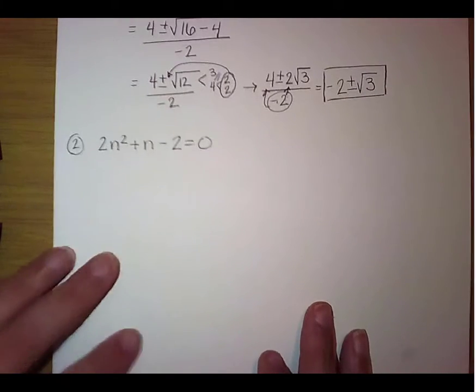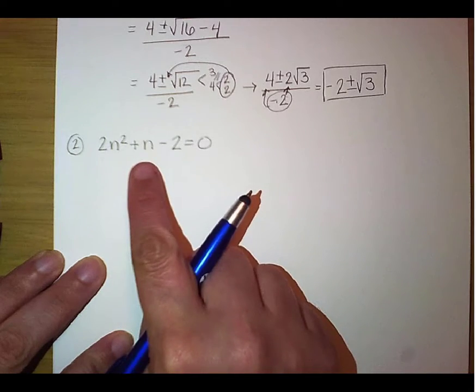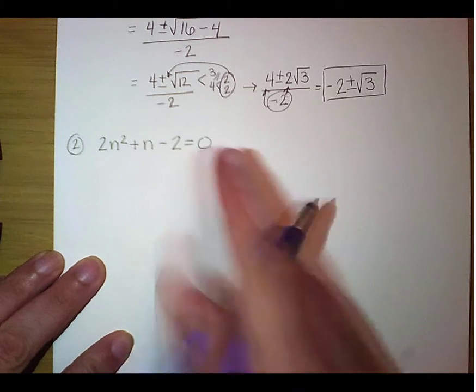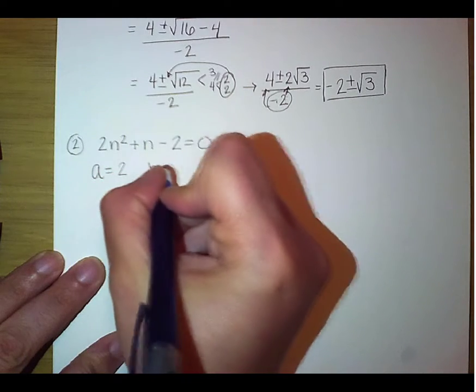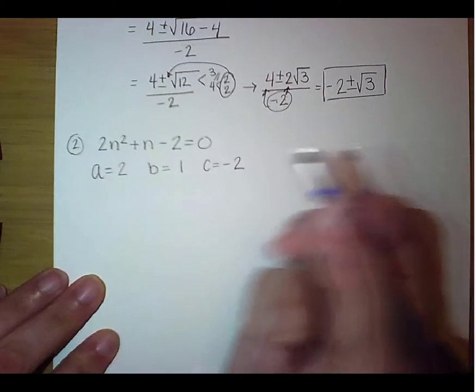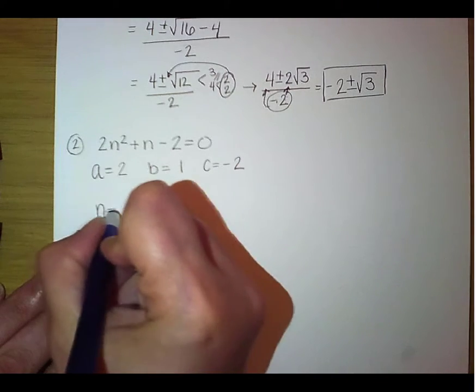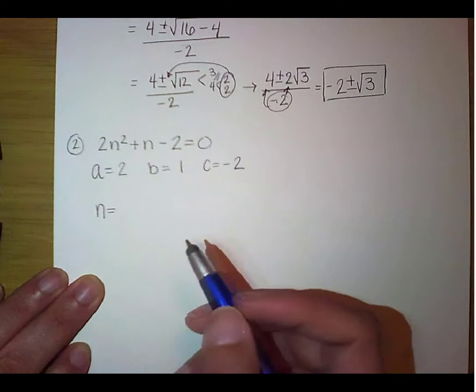Okay, so the second one, again, already equal to 0, so we've got 2n squared plus n minus 2. So our a is 2, our b is going to be 1, our c is going to be -2. So n equals, and again, the only reason I'm using n here is because that's the letter I'm using in my problem.